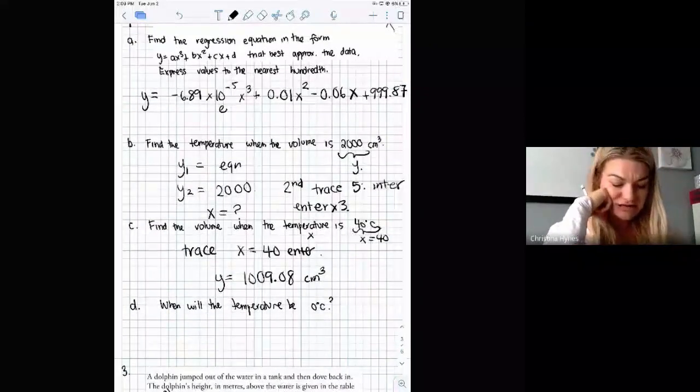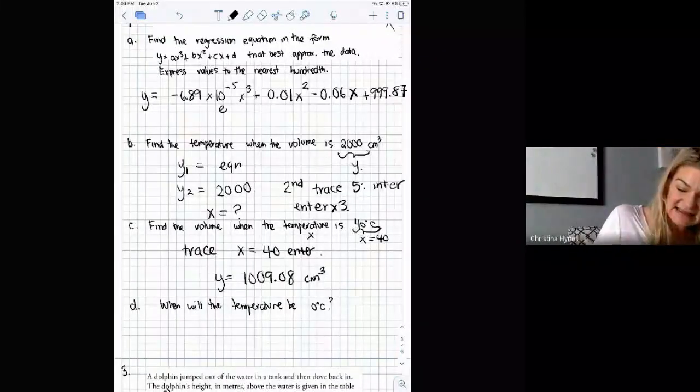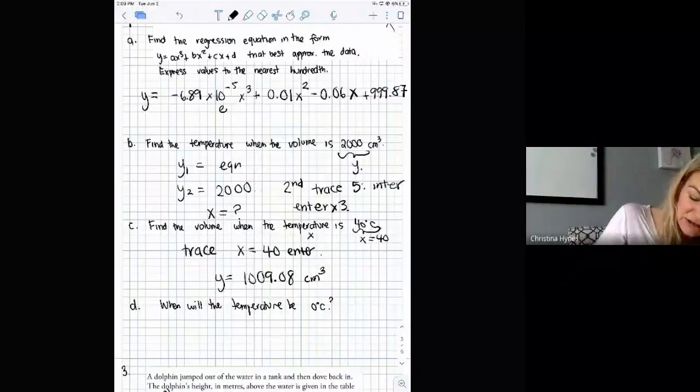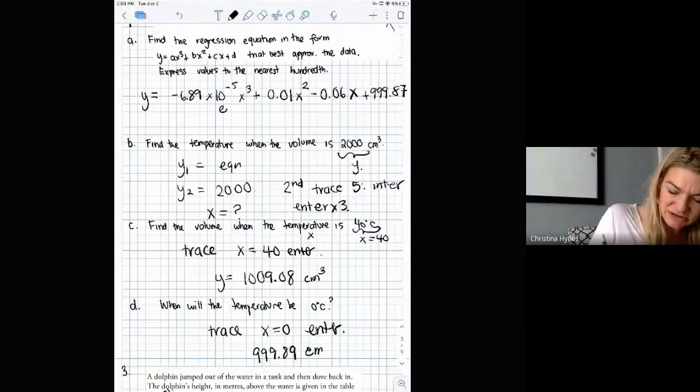And then the last one is, when will the temperature be 0 degrees? In this case, you're pressing trace x equals 0 and then pressing enter. So trace 0, enter. I get that the value is 999.89, in centimeters cubed as well.